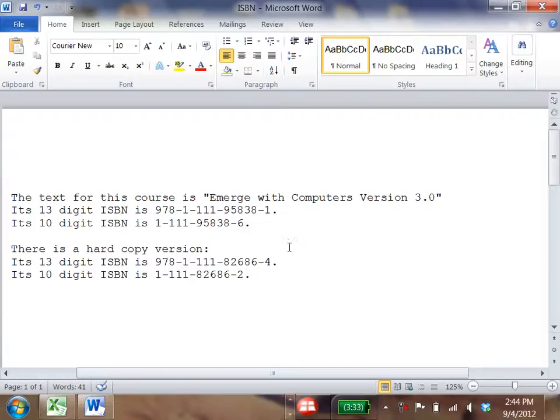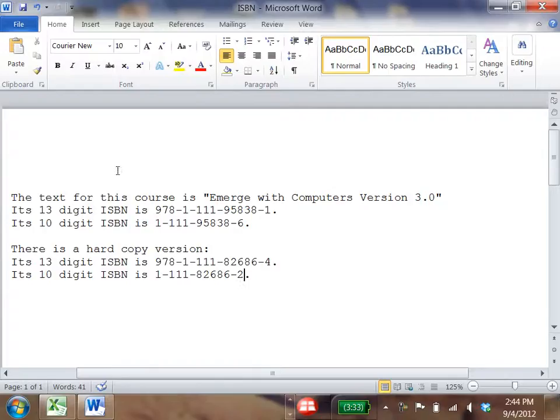Actually, what I found looking on the internet, and I'm not going to do it again right now, is you can buy this little hard copy thing for about $50. I think it's $52. You can only buy it from Cengage right now because it's a new edition, and so nobody else has it right now. There's not any old versions or used versions. And Cengage has several places on the web where they sell it.